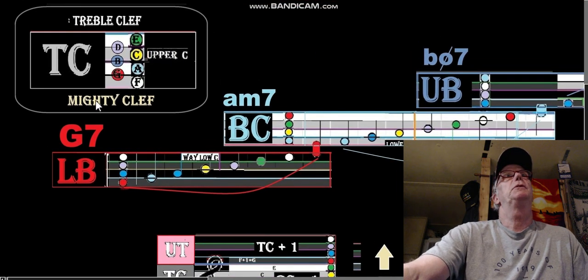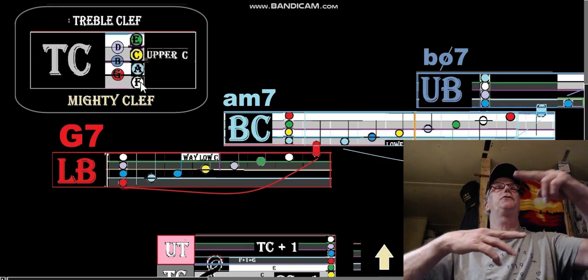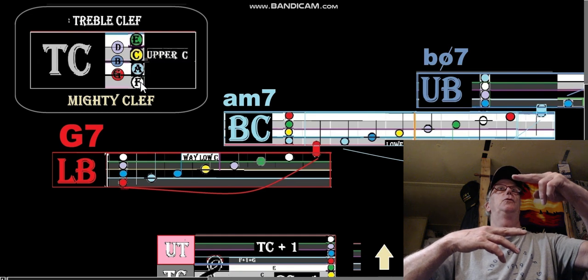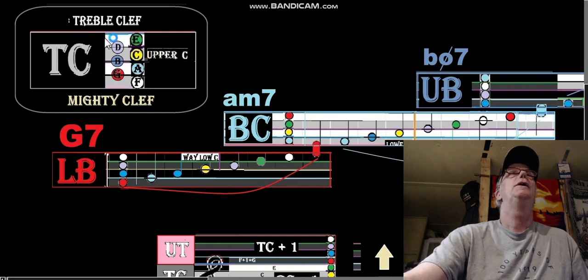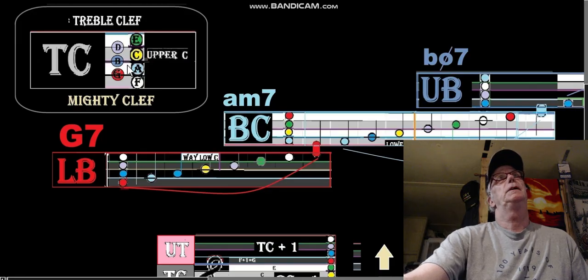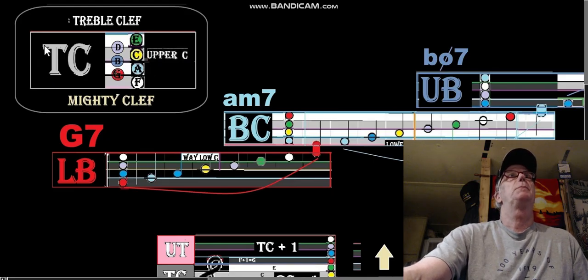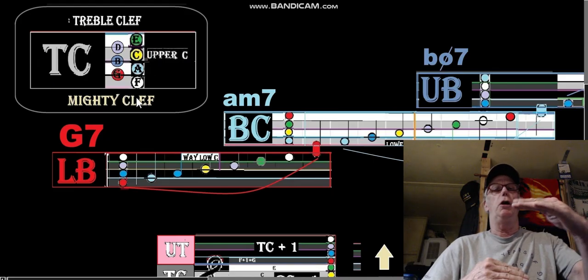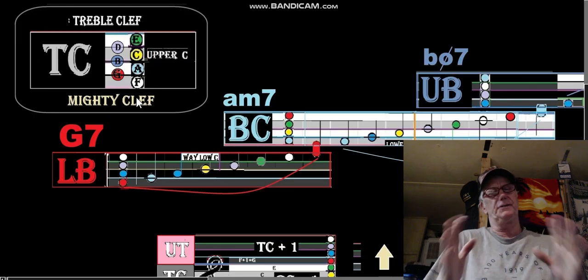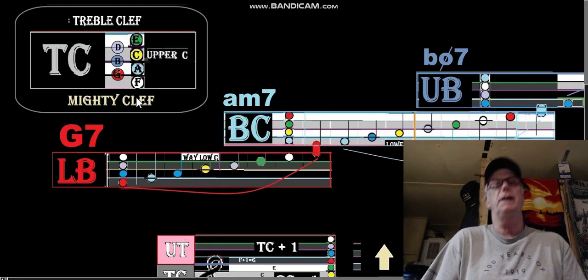Again, we have the treble clef here, the mighty clef. This is all contained within those 5 lines, 1, 2, 3, 4, 5, but it's 4 in-between line notes, F-A-C-E. That's the treble clef proper. That's the mighty clef, the small. Let's agree on something, right?